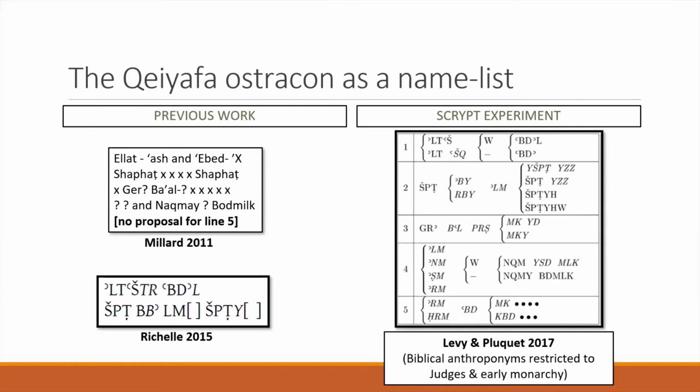I don't mean that the texts were written in that period, but I mean characters occurring in stories of David, Solomon, and Saul, the judges. And it was quite easy to find a lot of names that were missed by previous authors. All those that are here in italics, I didn't put the vocalization, but it's in the paper, are names that were obviously missed, only because I think people didn't use the right tools. Okay, so I will not go into the details, but you can read them in the paper.